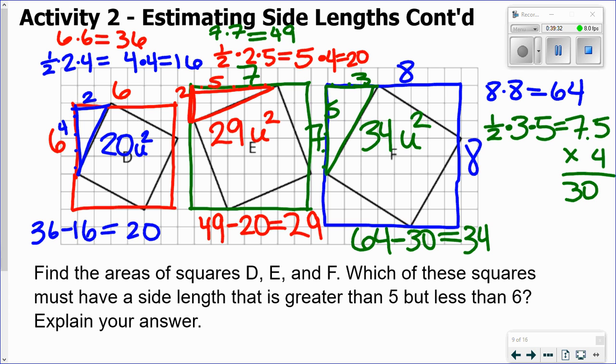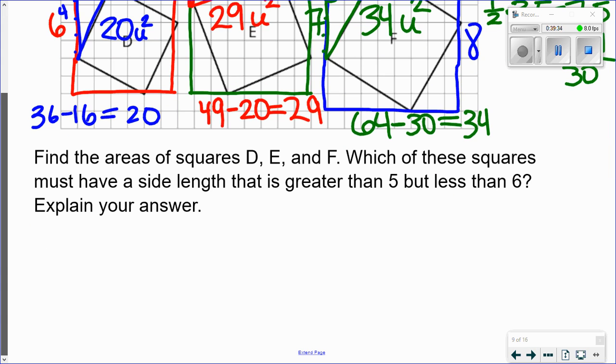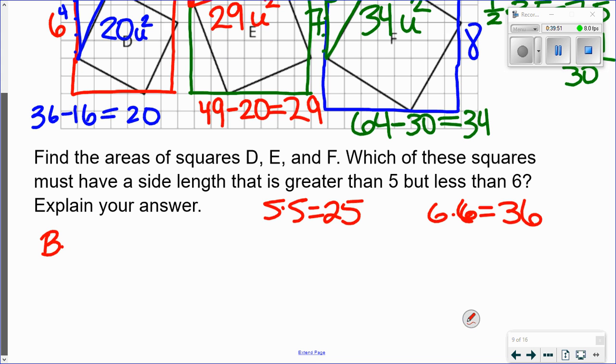So again, if we stop and think about it, a 5 by 5 square has to be 25 square units. A 6 by 6 square has to give us 36 square units. And both figures E and F fall between 25 and 36.